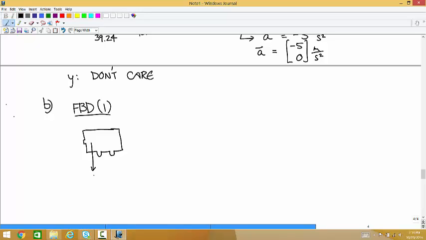So there's a weight of 9.81, an upward force, I'll call it N1, and then there's a cable force T.